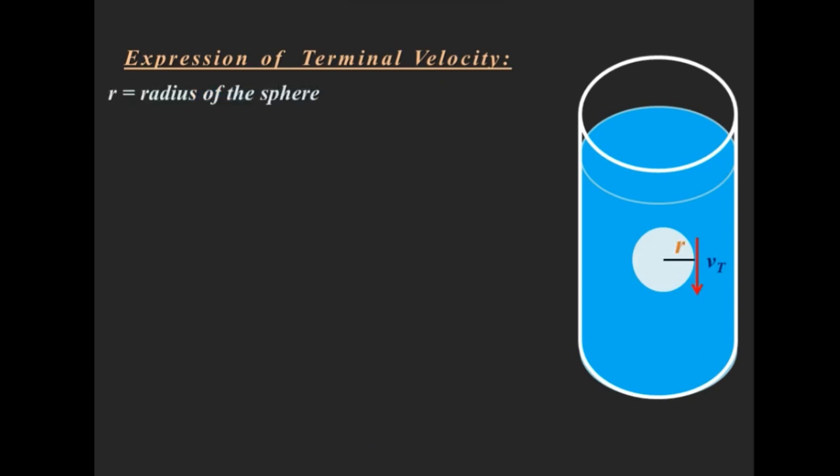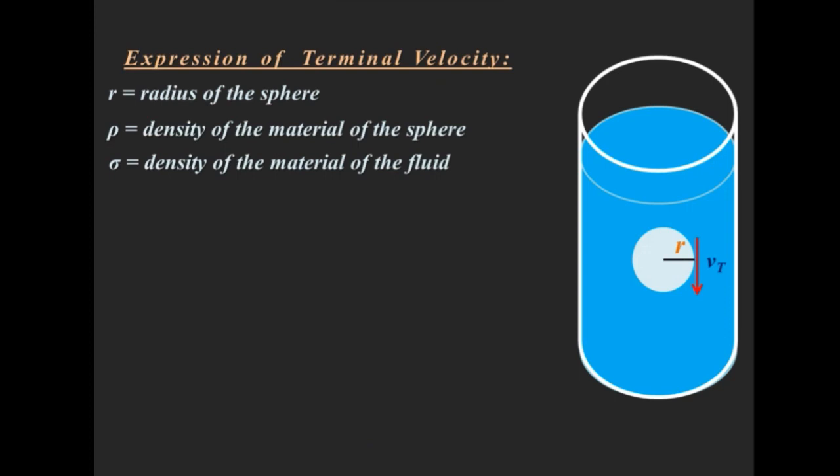Let r be the radius of this spherical body, rho be the density of the material of this spherical body, sigma be the density of the material of the fluid. That means sigma is the density of the fluid through which this spherical body is flowing. Eta be the coefficient of viscosity of the fluid.